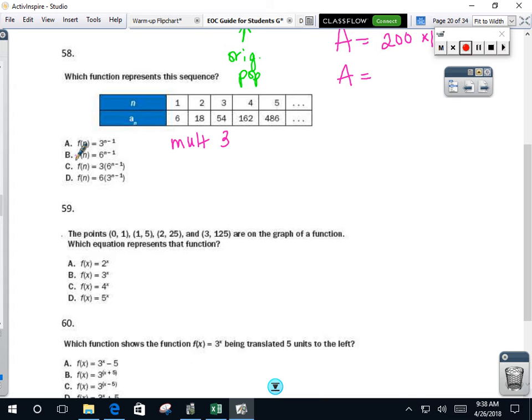Okay, well, B doesn't even have a 3 in it, but the rest of them do. Do you know where the 3 should go? What kind of sequence is this? When you multiply to get to the next number every time, what kind of sequence is that? Geometric.